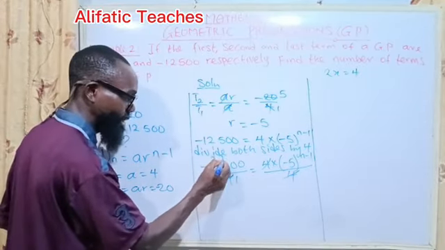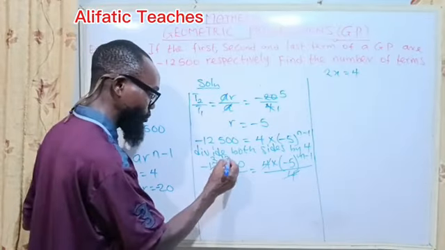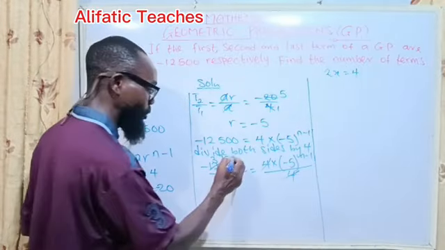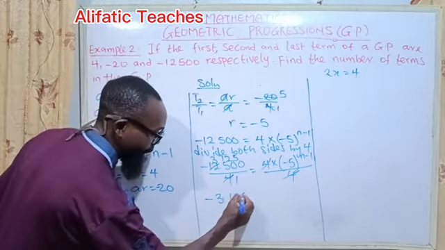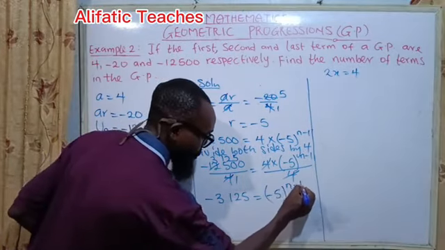In 5, we have 1, remainder 1. Put it here, making 10. 4 goes in 10, we have 2, remainder 2. Then put it here, making 20. 4 goes in 20, we have 5. So we have minus 3,125 equals minus 5 raised to power n minus 1.